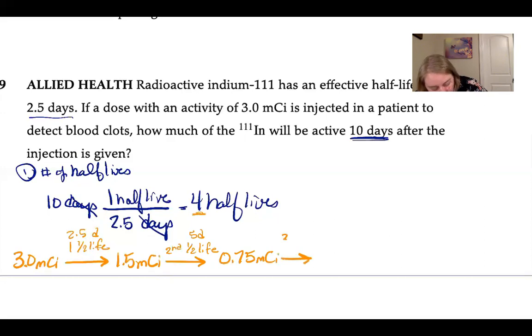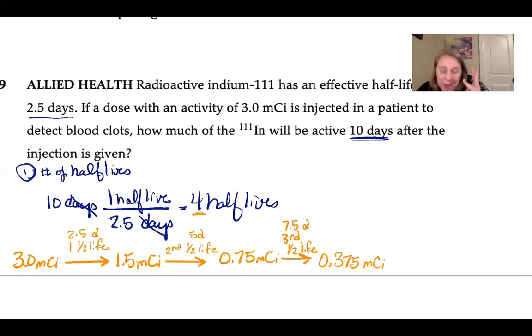So this is going to be my third half-life. And this is about 7.5 days. So I'm going to take 0.75 and divide by 2, because that's what a half-life is: the amount of time it takes half of the material to decay. So 0.75 divided by 2 is 0.375 millicuries.